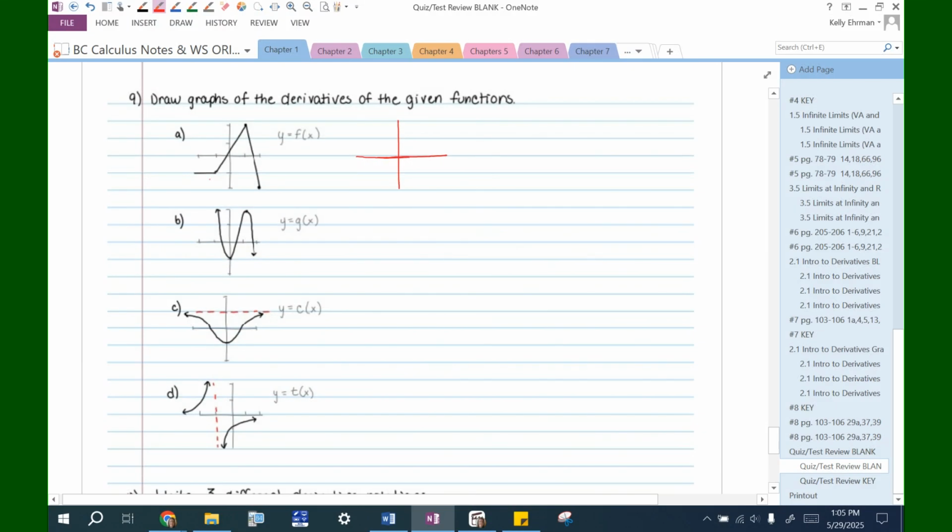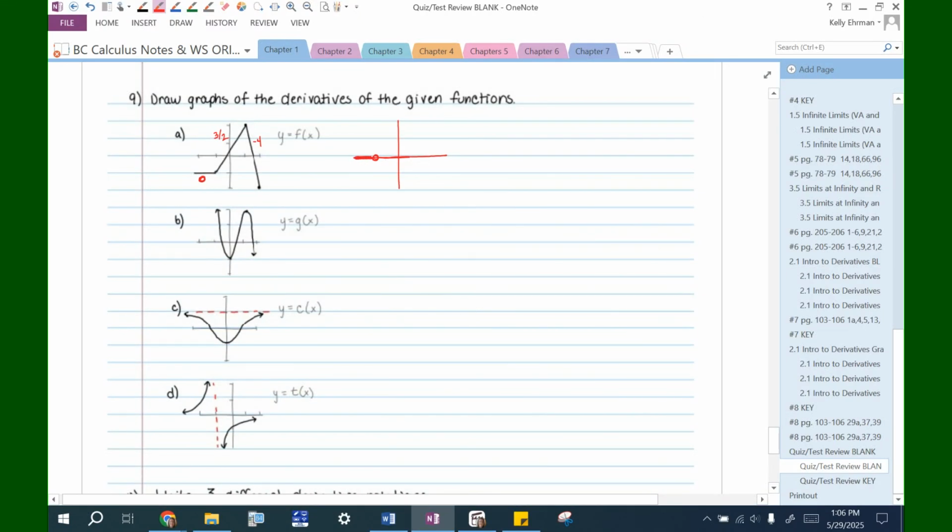So remember, derivatives are the slopes. What's happening here? We have a slope of 0. This is a slope of, we're going up 1, 2, 3 over 2. This is a slope of 3 over 2. And this one's a slope of down 1, 2, 3, 4, negative 4 over 1. So when I do this, open circles where the graph changes. So 0 until here.